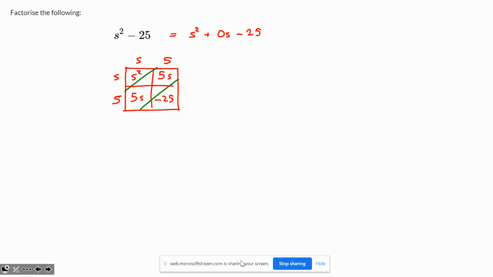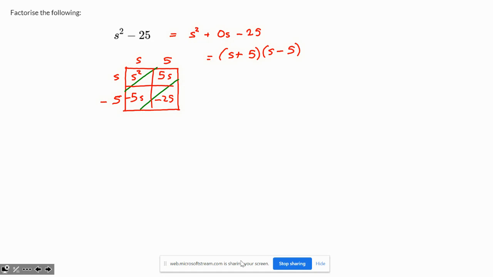But we don't want 5s, and we want to have a negative 25 anyway. So one of these is going to have to be negative. That way, you've got s squared, you've got 0 s's from your diagonal, and you have minus 25. So what you end up with is s plus 5 times s minus 5.